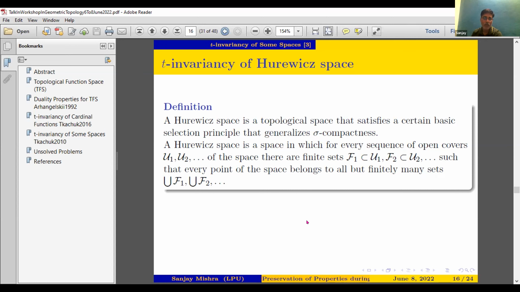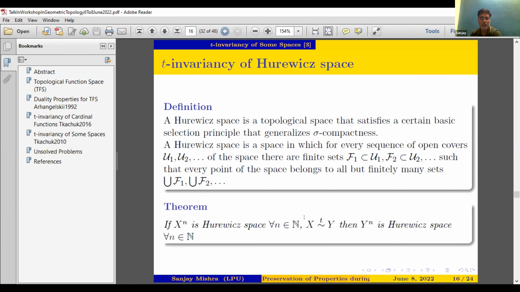So we have this Hurewicz space, and you can see this: if X_n is a Hurewicz space for every n belonging to the natural numbers, and X is T-equivalent to Y, then Y_n is also a Hurewicz space for every n belonging to the natural numbers.